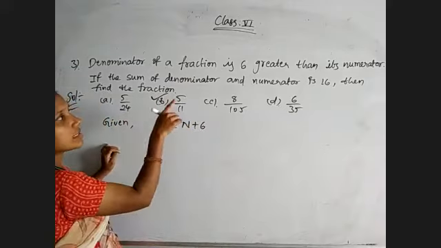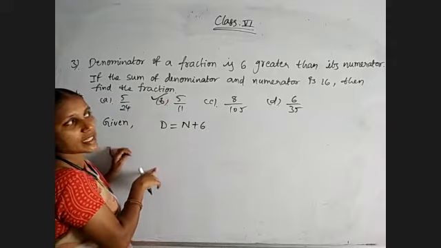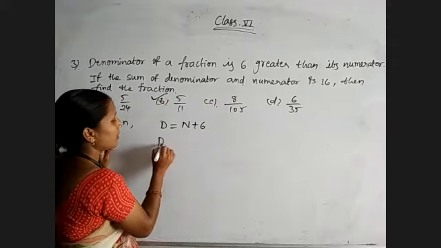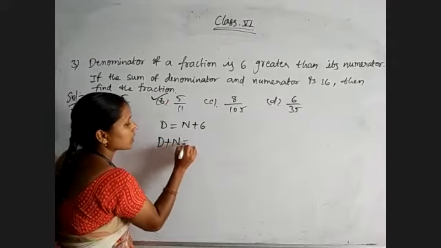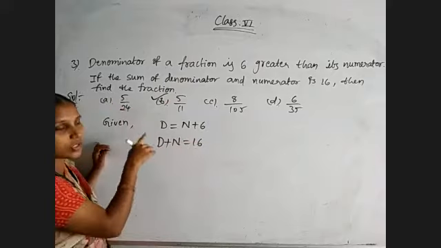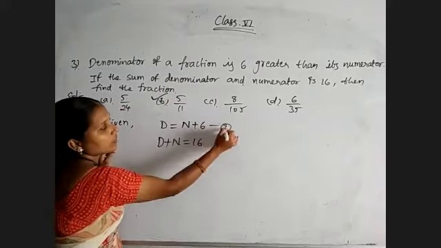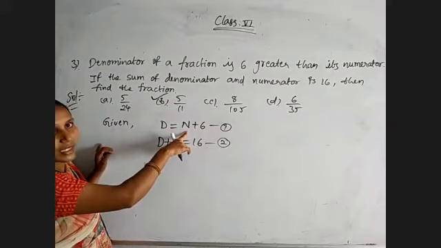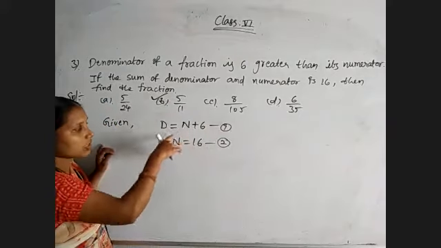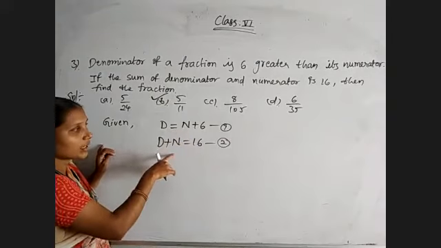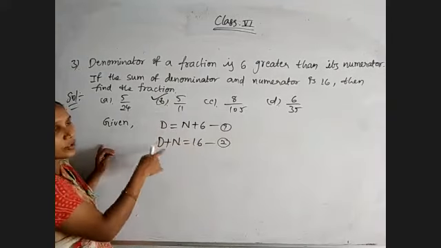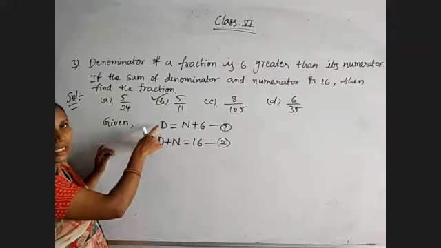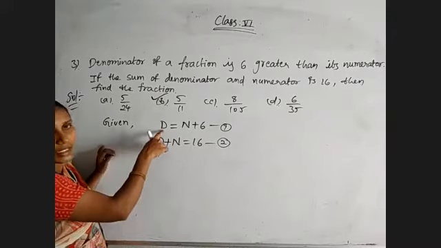And then the sum of the denominator and numerator is 16, so d plus n is equal to 16. They are given in the question, these two. Let them be equation 1 and equation 2. Now the denominator is represented in terms of the numerator, so substitute this value here. We will get the numerator value. After that, substitute the numerator value again in the denominator, then you will get the denominator also.